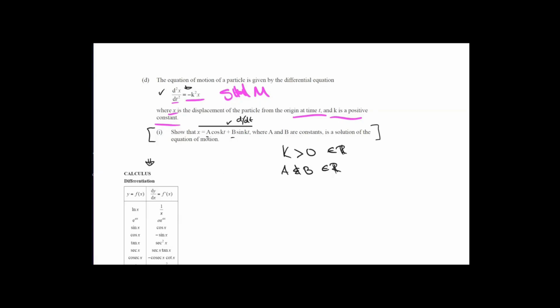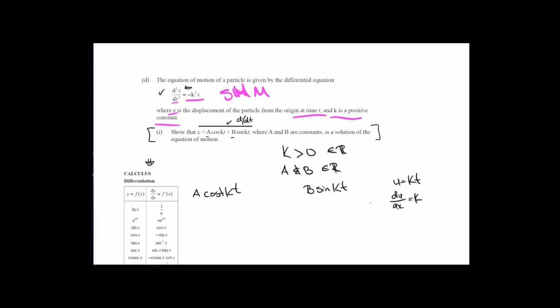So what I'm going to do is split it into these two bits: the a cosine of kt and the b sine of kt. For both of them, the inner function is this kt bit, and du/dx is going to be k.